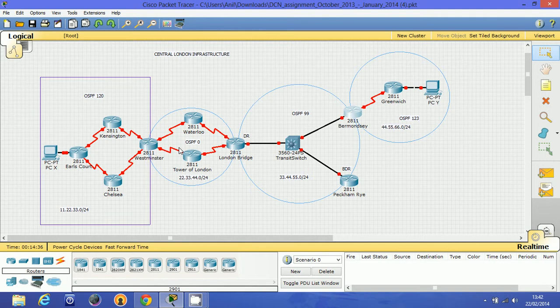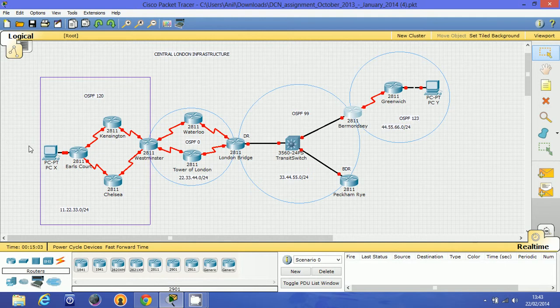Sometimes the area 0 can also be divided into multiple areas. In that case also, a virtual link should be created. Suppose this OSPF area 0 is divided into two different area 0s, and the other area 0 is here, which is discontiguous.